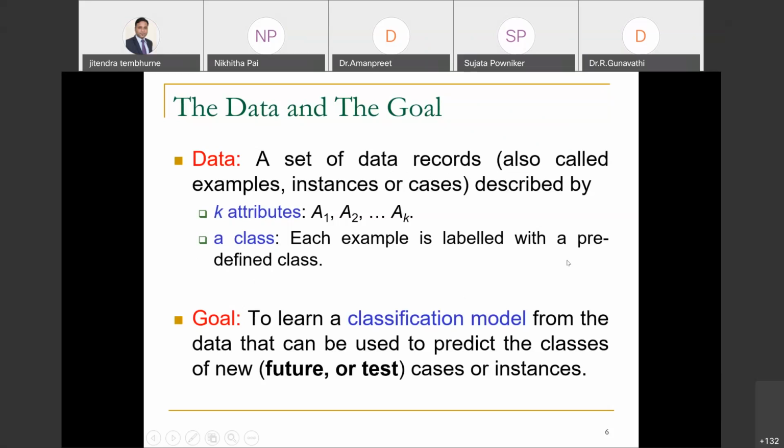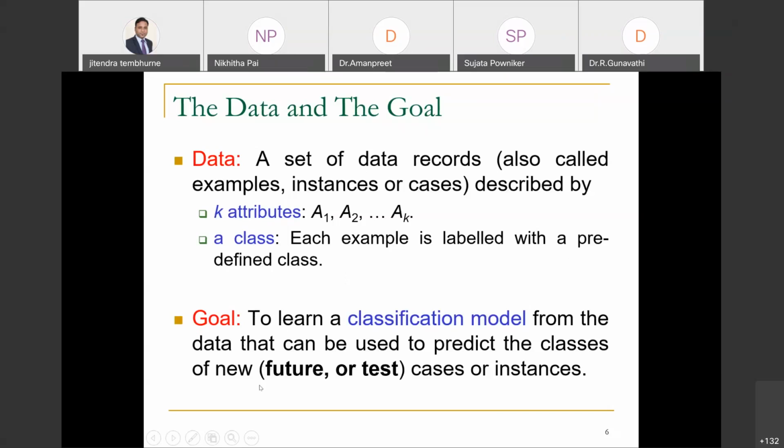That is the entire record. Now, when you have data with different attributes and different classes, we need to identify what my goal could be. Goal means a particular objective I want to achieve. So what we do in the goal is learn a classification model from the data.